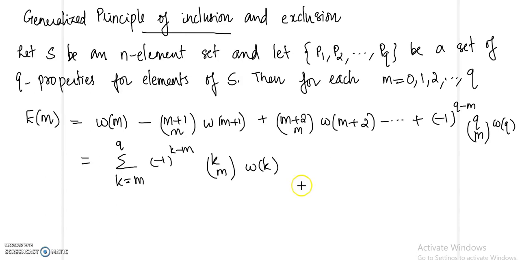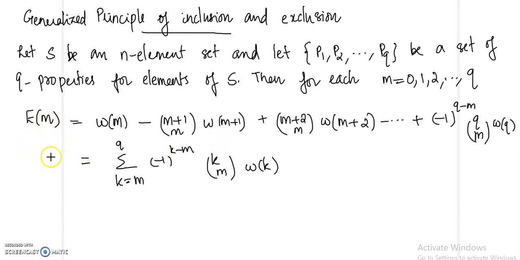As we have seen, the generalized principle of inclusion and exclusion states that if you have an n element universal set S, and if we have properties P1, P2, up to Pq defined on that set S, then for each m equal to 0, 1, 2, etc. up to q, E of m will be equal to summation k equal to m to q, minus 1 whole raised to k minus m, k choose m, omega of k. So we have verified this using an example in the last class.